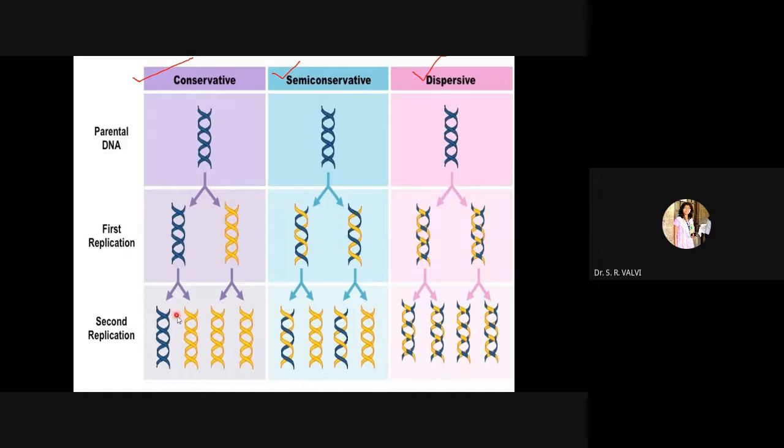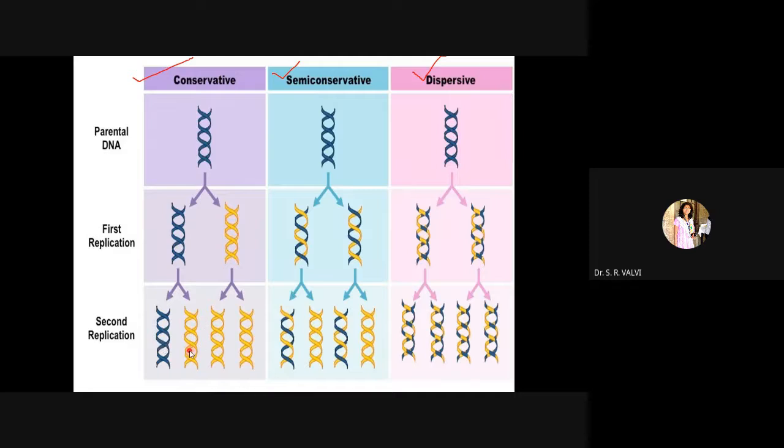Here again you can see, after the first replication, in the case of the second replication also you can see the blue DNA again undergoing replication, where this one is again the intact old strand or parental DNA, it remains as it is, it is conserved as it is, right?